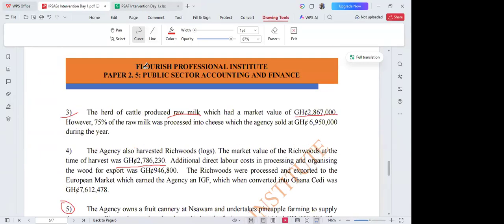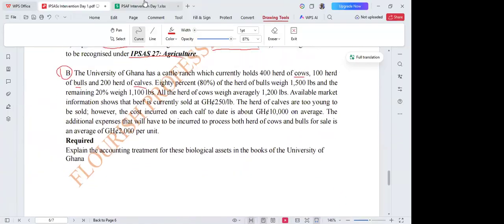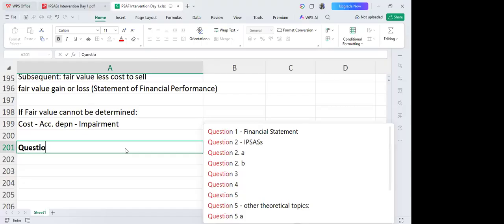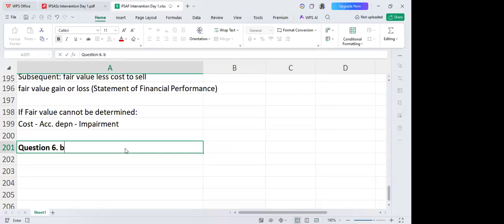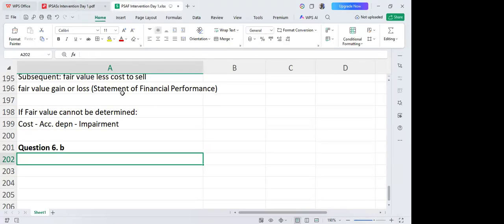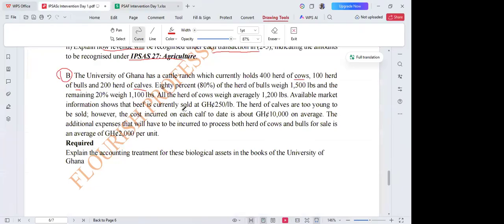So let's do the solution. This is question 6B. Let's solve that here. We have cows, so let me start with the cows. How many cows do we have? 400 cows.